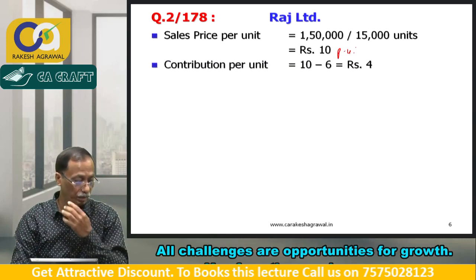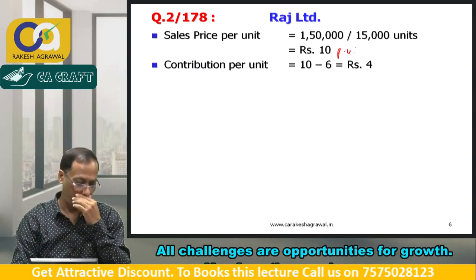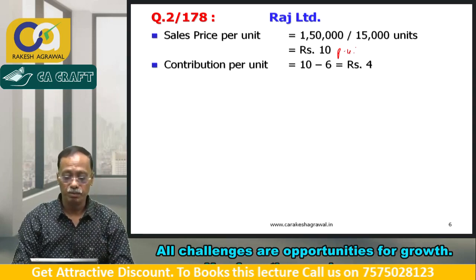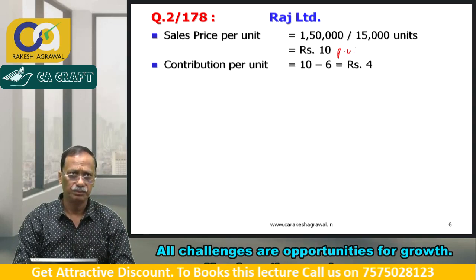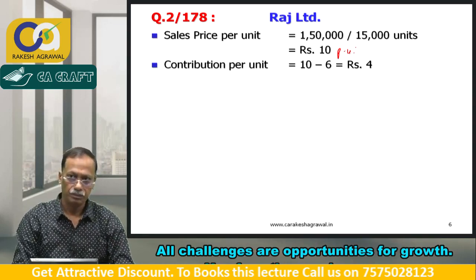Contribution per unit is equal to 10 minus 6, so rupees 4.